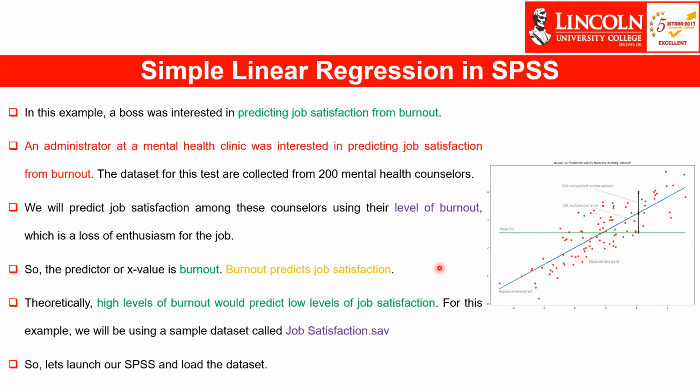The data set is collected from 200 mental health counselors. We will predict job satisfaction among these counselors using their level of burnout, which is a loss of enthusiasm for the job. So the predictor, or X value, is burnout. Theoretically, a high level of burnout will predict low levels of job satisfaction.